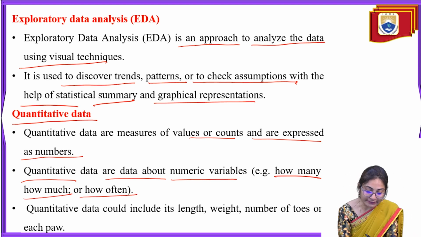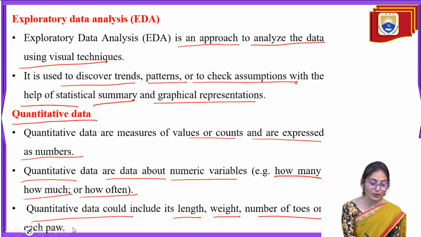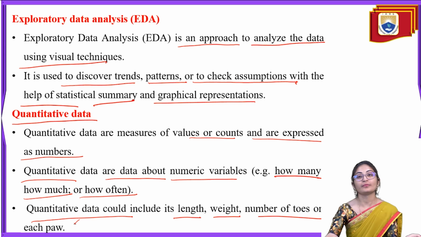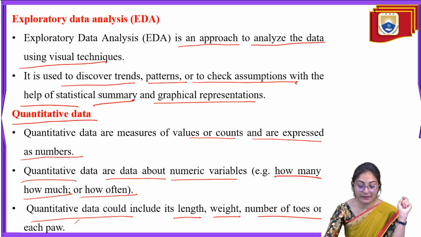Quantitative data could include length, weight, number of toes on each paw. So here, quantitative data means it will show the values or counts which are represented by numbers, related to numerical variables.